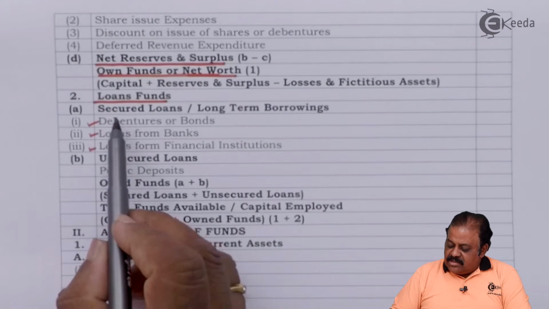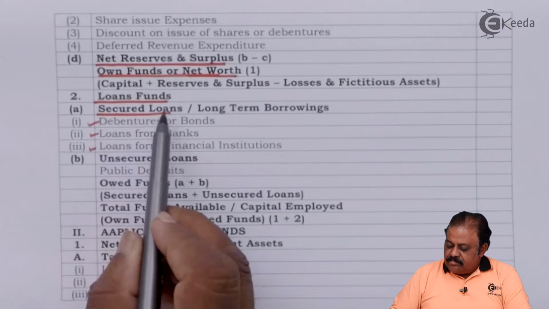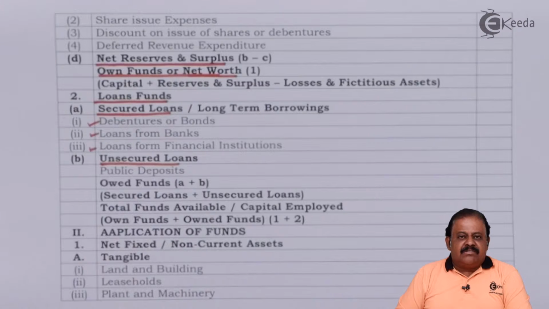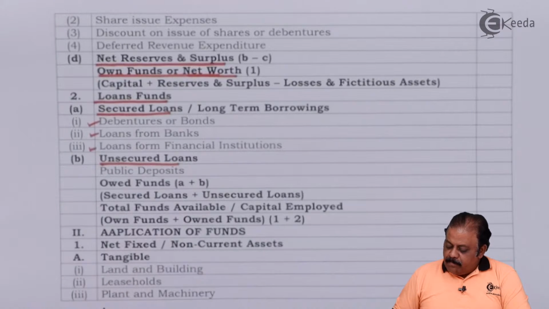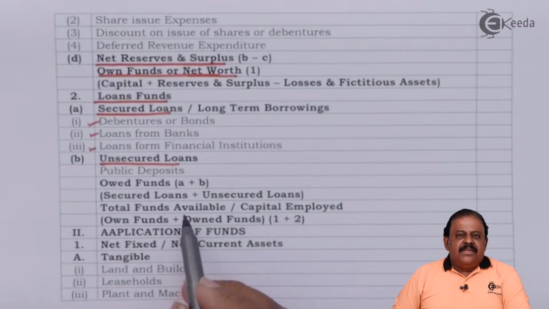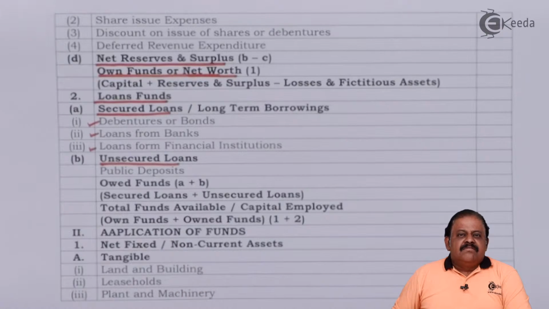So this comes under secured loans. Next, unsecured loans, like public deposits, loans from directors, etc., where we have not provided any security. So total borrowed fund will comprise secured loans and unsecured loans.